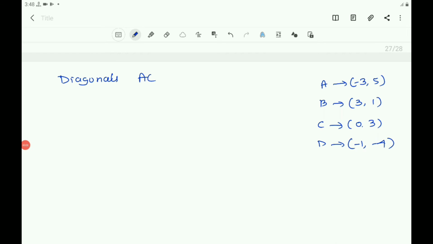And also find the diagonals AC and BD. AC is, A is a point with coordinates minus 3, 5, and C is a point with coordinates 0, 3. So the coordinates are x1, y1 and x2, y2.